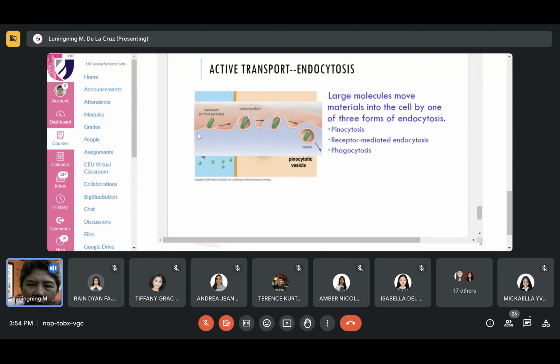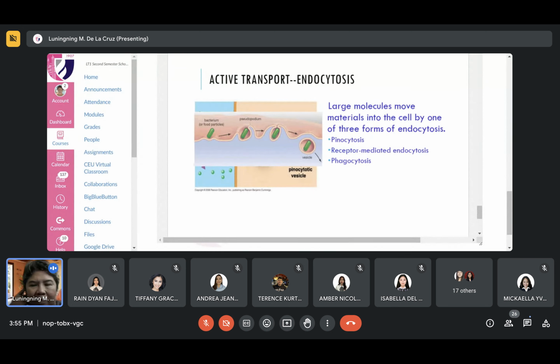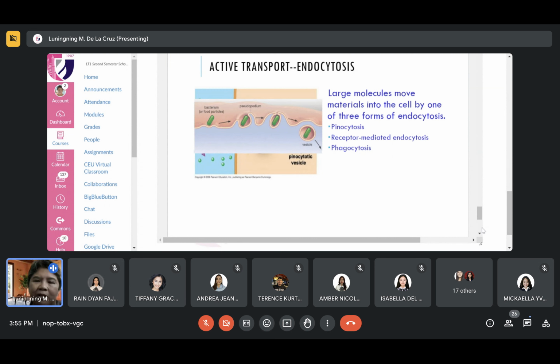Now this is enveloped by the membrane. See that one? And then until the foreign body is encapsulated into a vesicle, and then it is moved into the cell. So, pinocytosis and endocytosis. Okay, that is the last part of the lecture for our biochemistry.